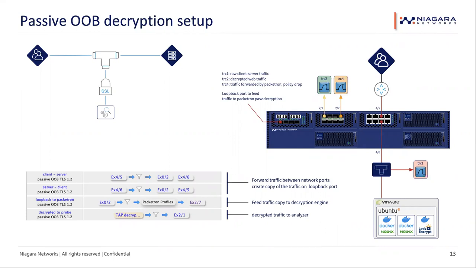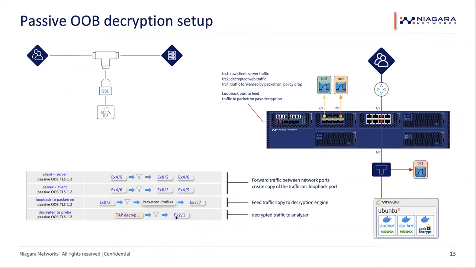Passive out-of-band decryption. I use an N2 series packet broker, and actually you'll see three Packetrons in this system. In this configuration, I use one for passive decryption, one for active decryption, and I have a packet broker running for virtual systems.